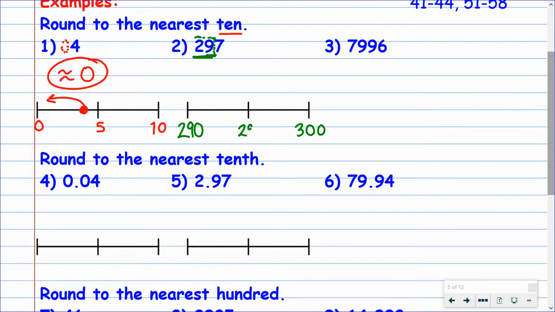Naturally, what is right in the middle of these two numbers? Well, 29 and then another 5, 295. 296, 297 would be right about here. Therefore, 297 is closest to 30 $10 bills. That's our answer rounded.